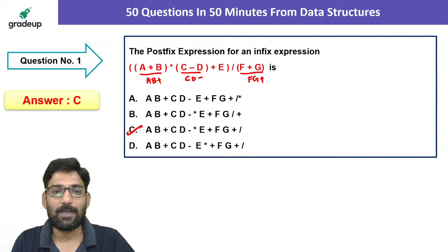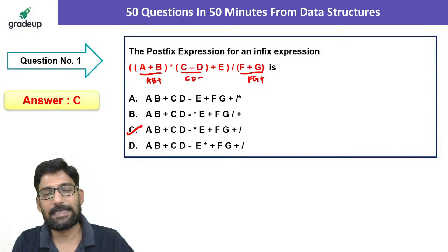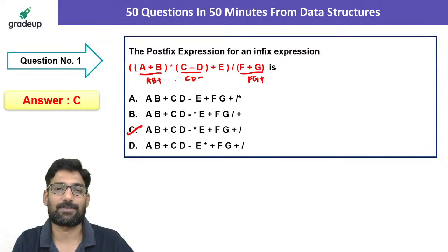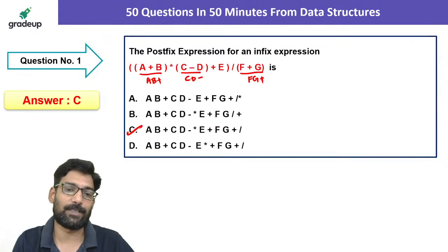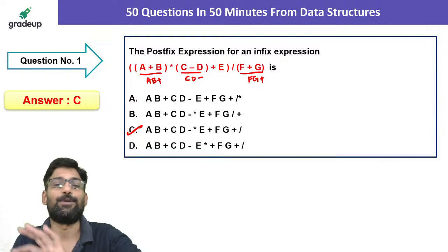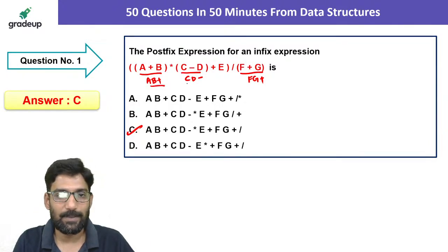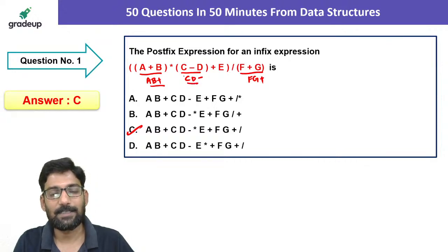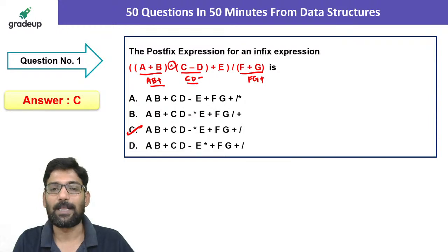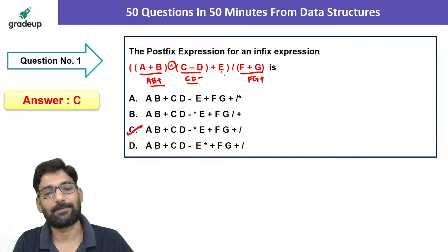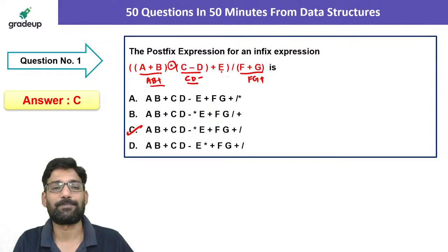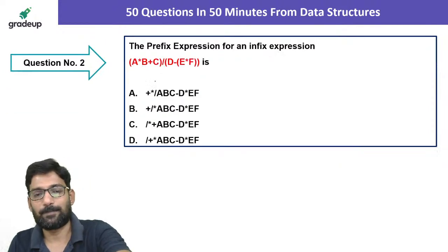Now this AB plus, CD minus, E, these are all in one parenthesis. Which has more priority? Like that, if you just see, you can understand it very easily. So you will get AB plus CD minus star, because star has more priority, then E plus. Got it? Simple, right?